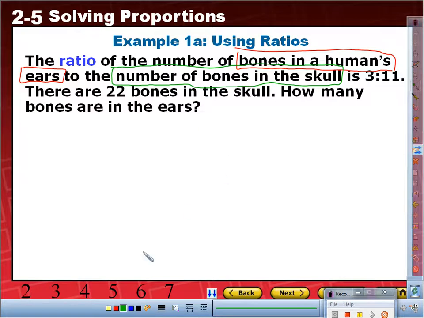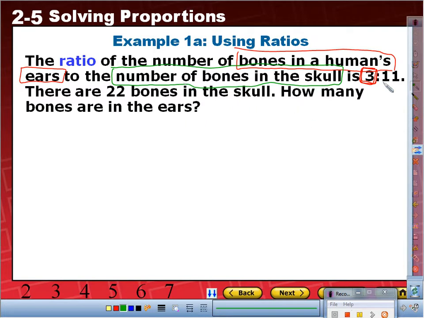Focus, please. So the ratio that they give us is 3 to 11. Well, check this out. Which was the first information they mentioned? Was it the number of bones in the skull or the ears? Ears. So look at the ratio. The first number corresponds to the number of bones in the ear, so box it in red. The second part of the information is the bones in the skull.